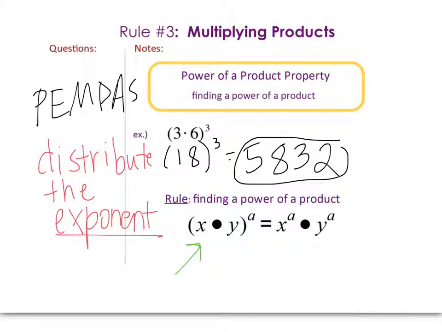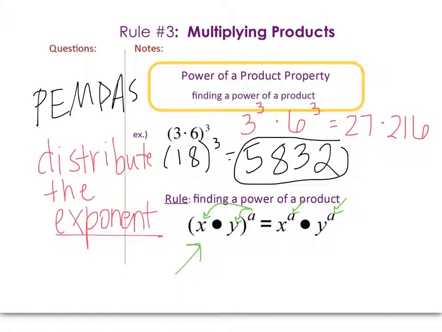I could solve it this way, but just like last time, sometimes I only have variables or only have letters. If I only have letters, what I want to do is distribute that exponent of an a to become an exponent on the x and an exponent on the y. In this example, I would distribute the exponent to the 3 and the exponent to the 6. Well, 3 to the third gives me 27. 6 to the third gives me 216.